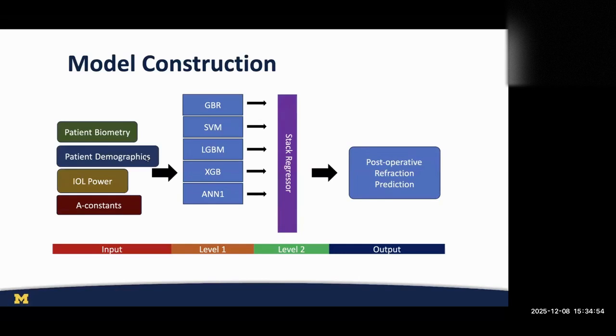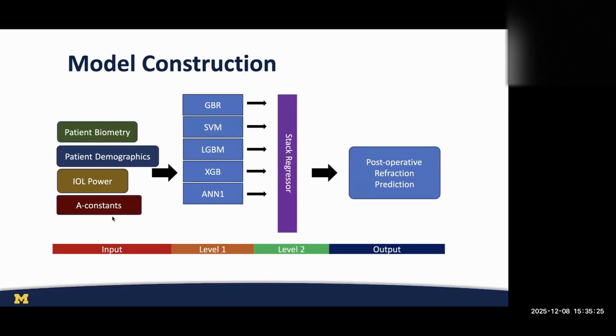This is a general diagram of what the Nalsami formula actually is. It's just an ensemble model of 5 different machine learning based regression tools. Each of these outputs a regression prediction to the stack regressor, which is just a linear regression, and that outputs a single prediction that becomes the final postoperative refraction prediction.